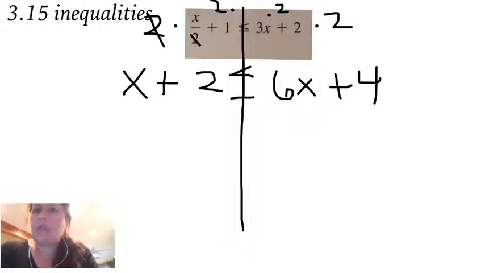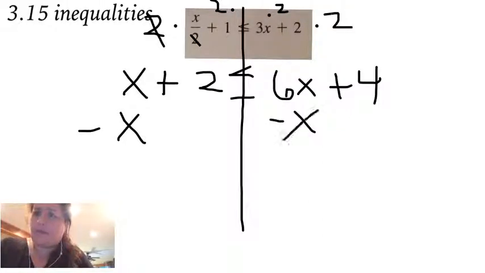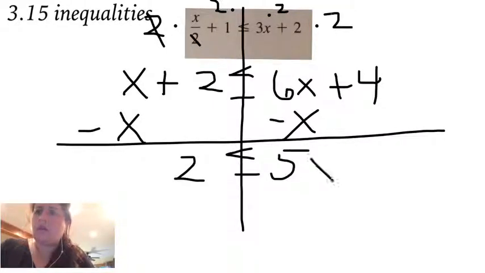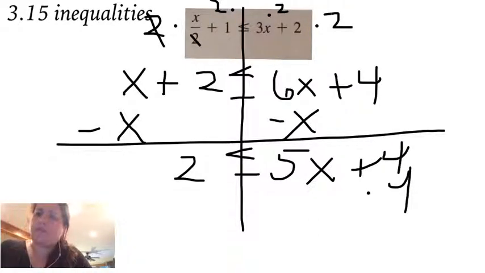I always look ahead and try to make sure that wherever I'm moving my x's, the result is a positive number. That's why I keep ending up with the x on the right-hand side; it just happens to be a coincidence. The next step would be to subtract 4 from both sides.